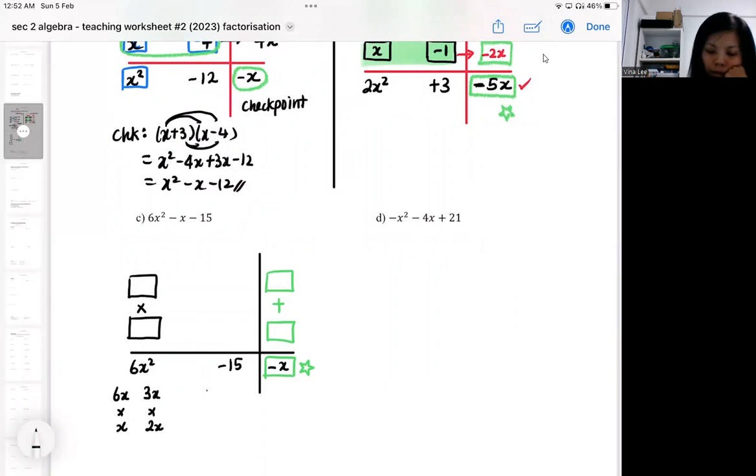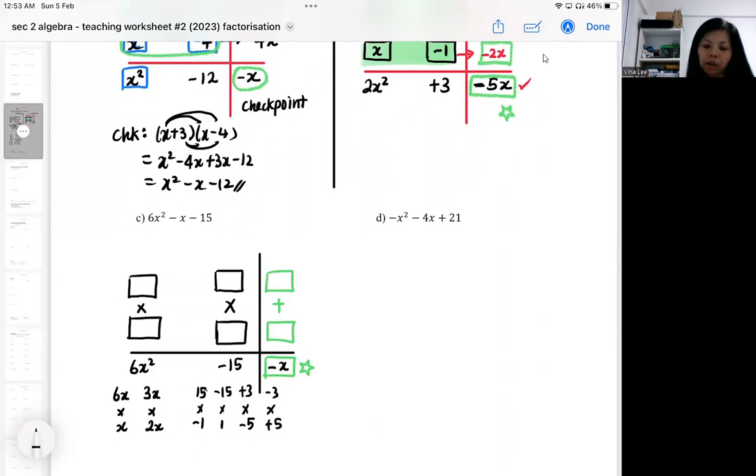Maybe it can be 15 times minus 1, or minus 15 times positive 1, or a positive 3 times negative 5, or minus 3 times positive 5. So you have so many things to play around. This one will be more time consuming.